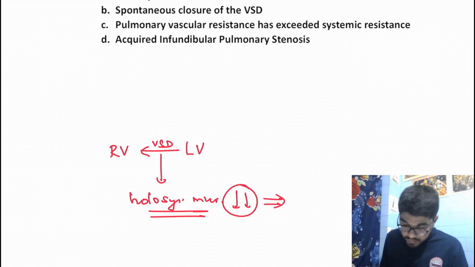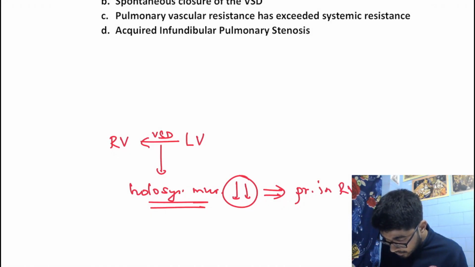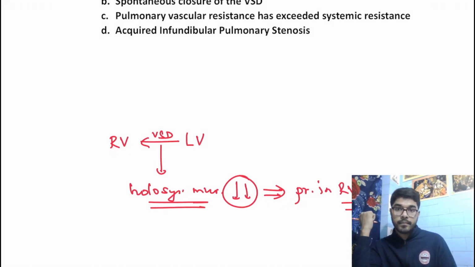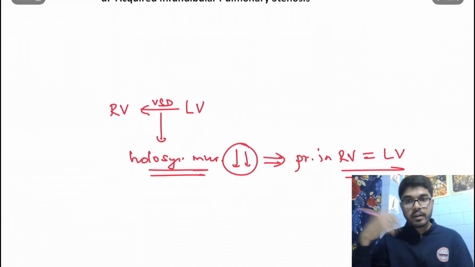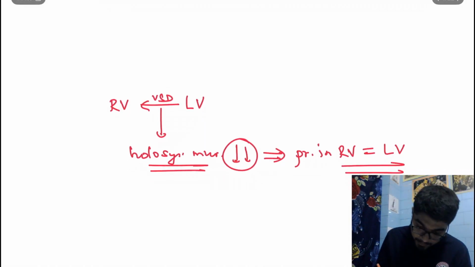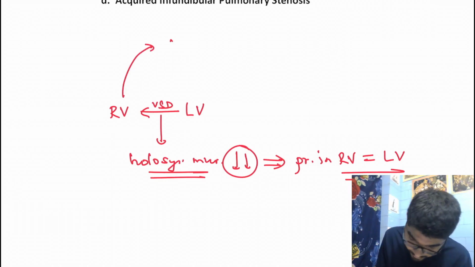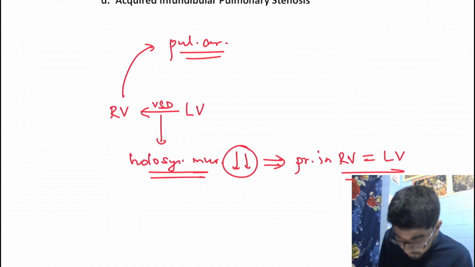What is the significance? This means that the pressure in the right ventricle is becoming equal to that of the left ventricle, which is restricting the shunt. Now we all know that blood from the left ventricle flows to the right ventricle and from the right ventricle to the pulmonary artery in VSD.